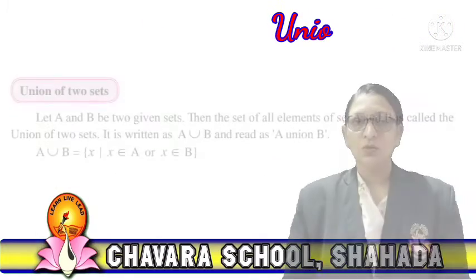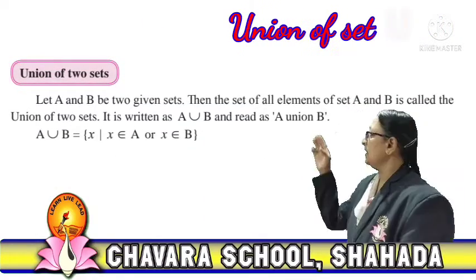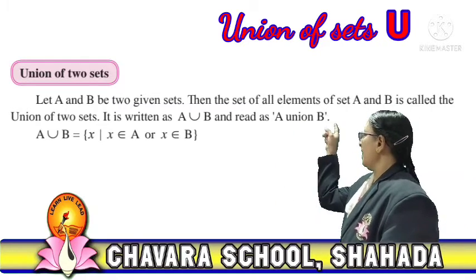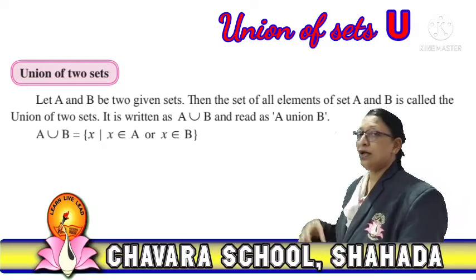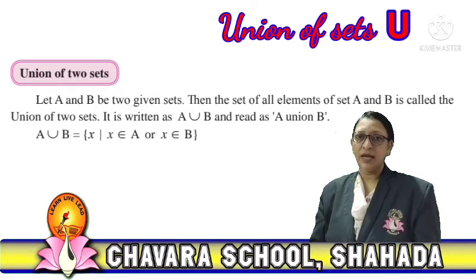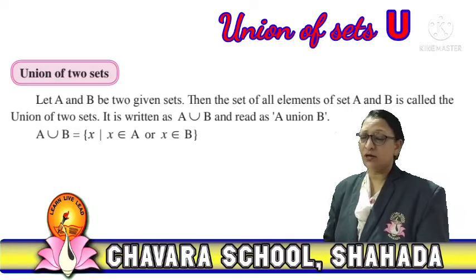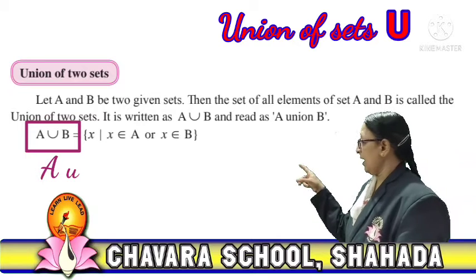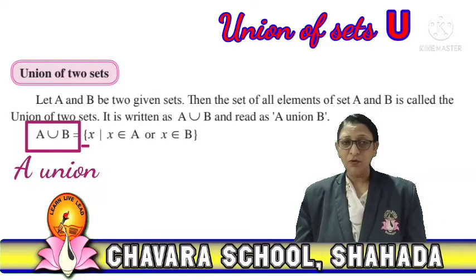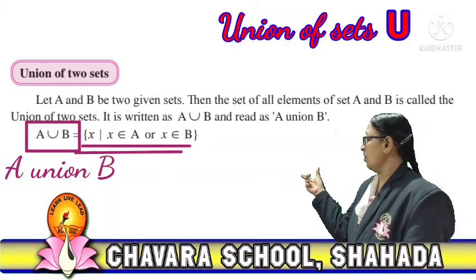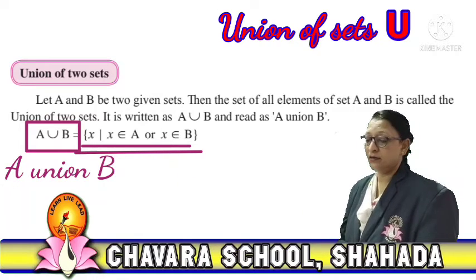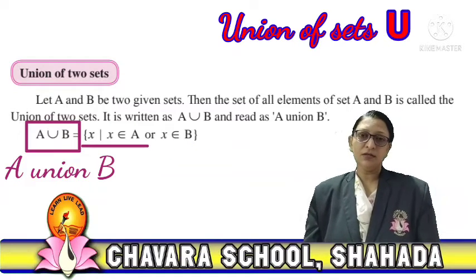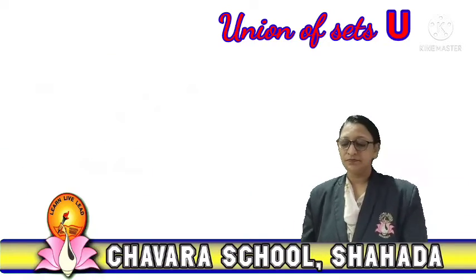The next is union of two sets. Let A and B be two sets. All elements of set A and B together are called the union of set A and B. Symbolically, it is denoted as A ∪ B and read as A union B. Therefore, A union B is the set of all x such that x belongs to A or x belongs to B. Let's discuss few of the examples.